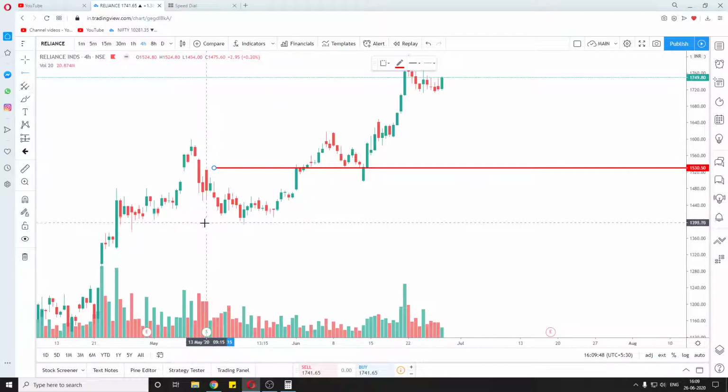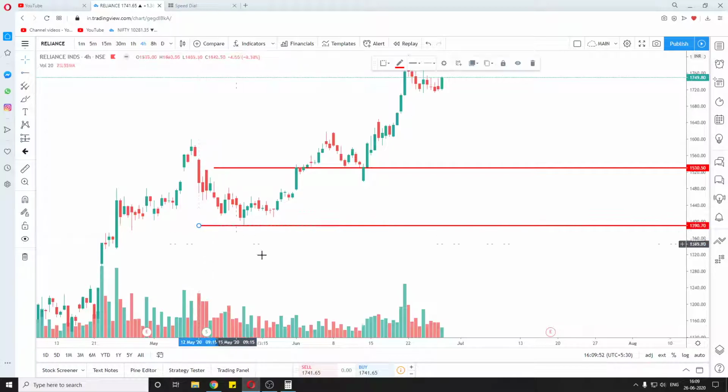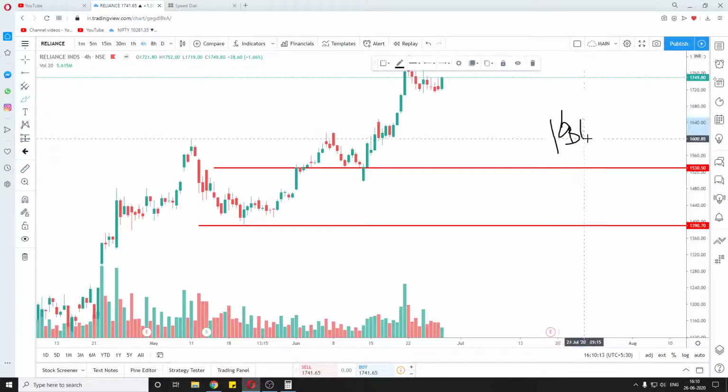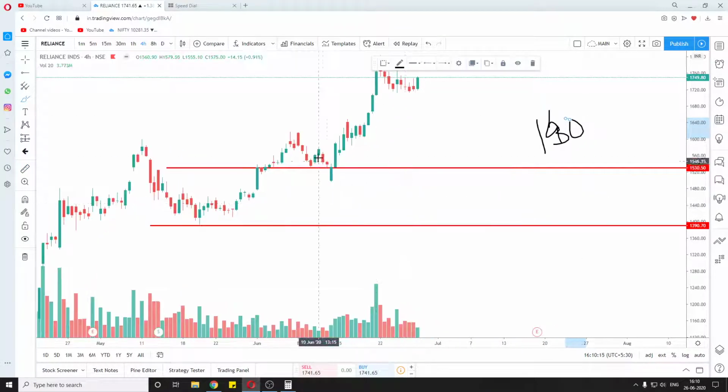Now the stop loss has to be 1390. So this becomes around, let's say, 135 rupees stop loss. This becomes 100. This becomes 140 rupees stop loss, and our target also becomes 140.